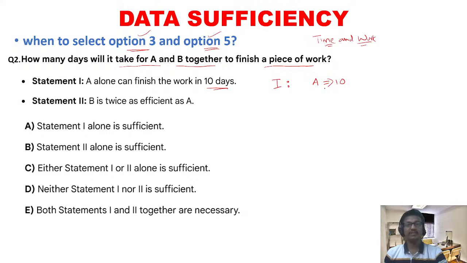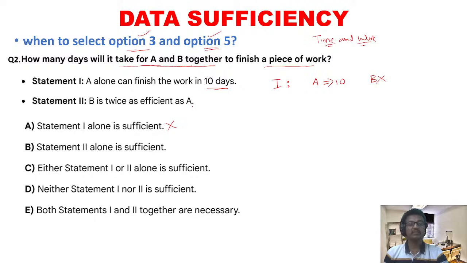Here there is no data about B. The question asks in how many days both A and B together finish the work, but data about B is missing. So using statement 1 alone you cannot arrive at a solution. Statement 1 alone is not sufficient.